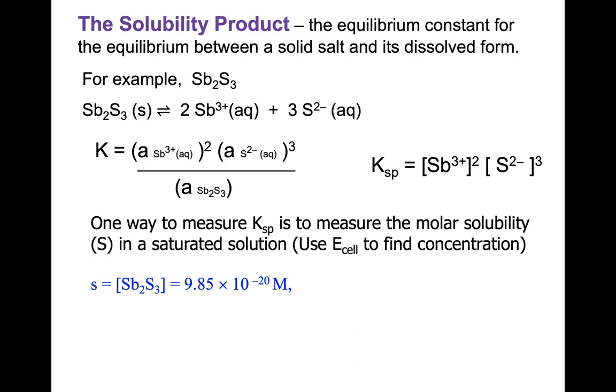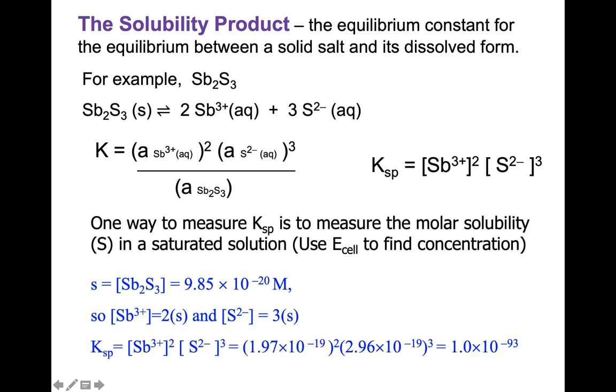So for antimony sulfide, the molar solubility is 9.85 times 10 to the negative 20th molar. Not very high concentration. So if we want to find the value for the solubility product, first we can find the concentration of antimony ions, which would be 2 times this solubility, and the concentration of the sulfide ions, which would be 3 times this concentration, since there's a 2 to 1 mole ratio and a 3 to 1 mole ratio when it dissolves.